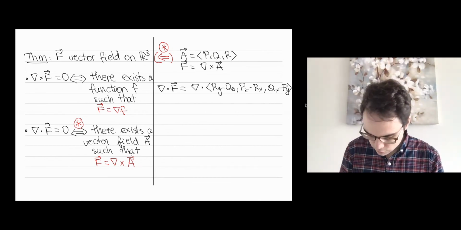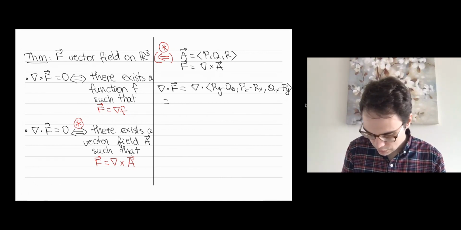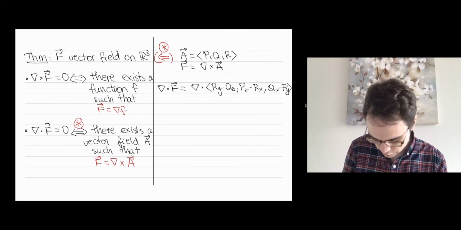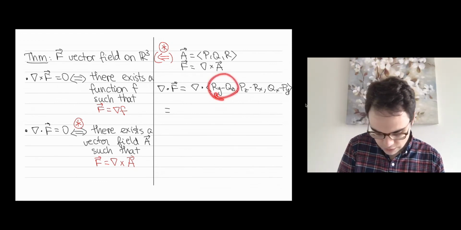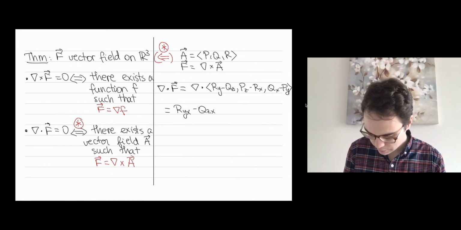So when you do the divergence, you take the first partial of the first component, the x partial, and get R_yx minus Q_zx.